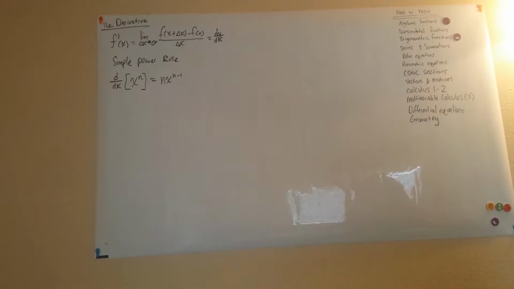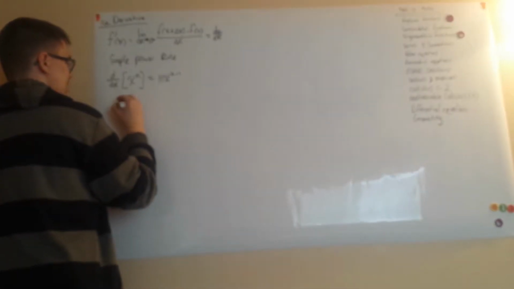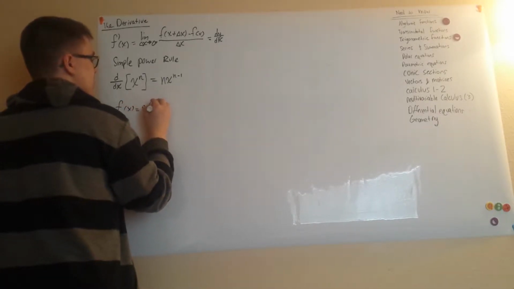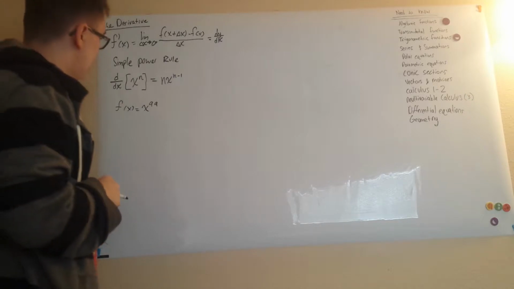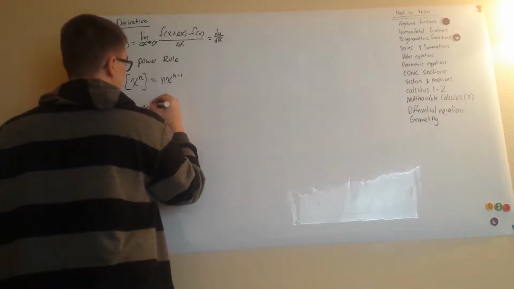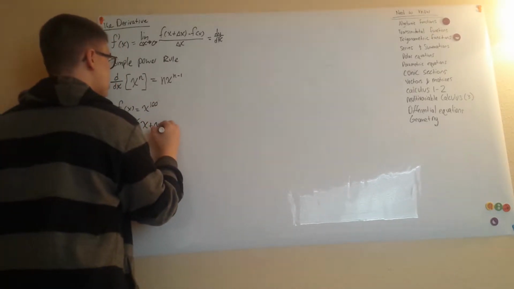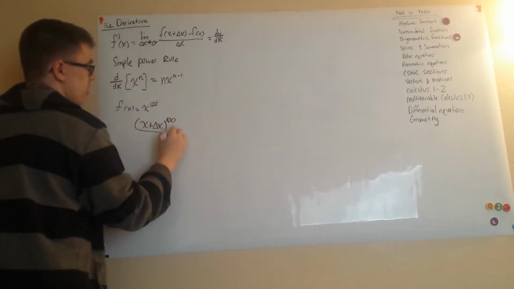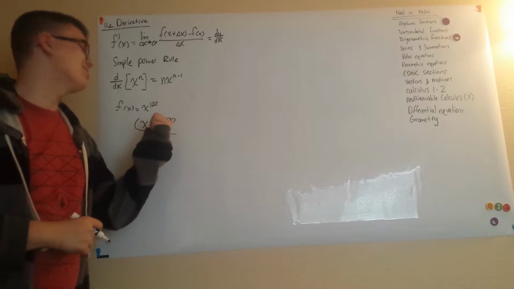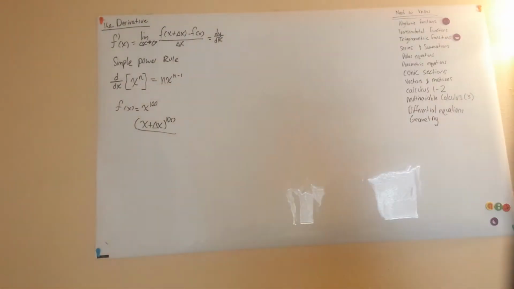And why is this useful? Because if we have f of x equals x to the 99th power, or the 100th power, no one would want to do this part over here. It'll take you forever to expand this.